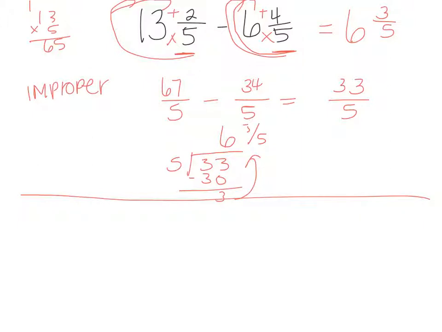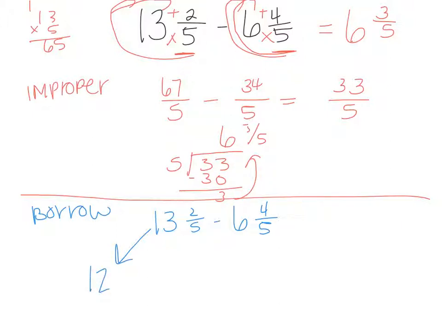Our second strategy that would also work is borrowing. So I'm going to rewrite the problem, 13 2/5 minus 6 4/5. So if I want to rename 13, I would take 1 away, and 13 would become 12. But then I also need to create a fraction that's worth a whole, and right now the denominator in the problem is 5, so we're going to choose 5.